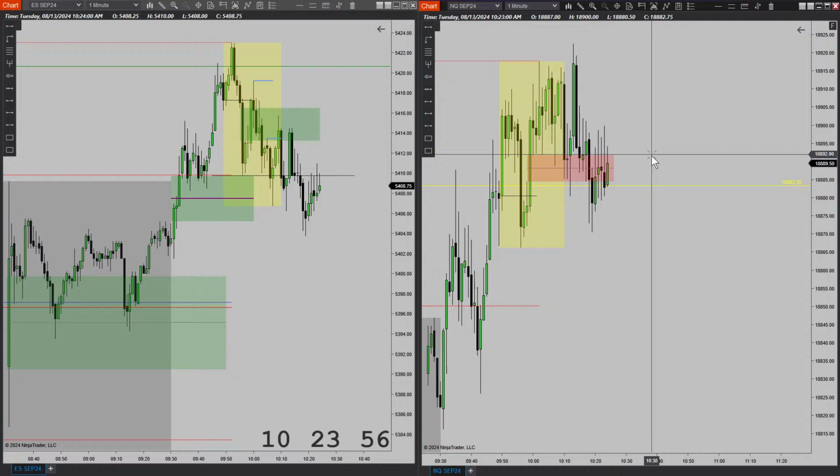Let's see how this next one closes. All right, I'm gonna take it off because I don't like that. Just one more second, couple more seconds. I want to see how price reacts there.